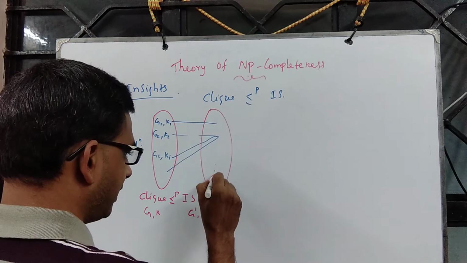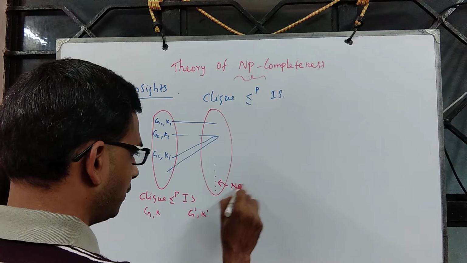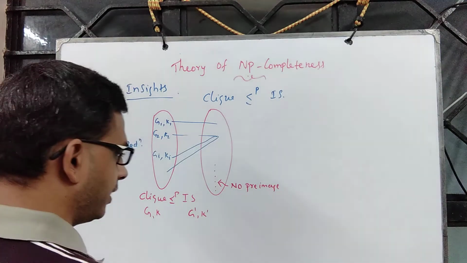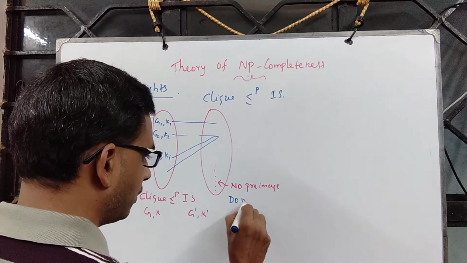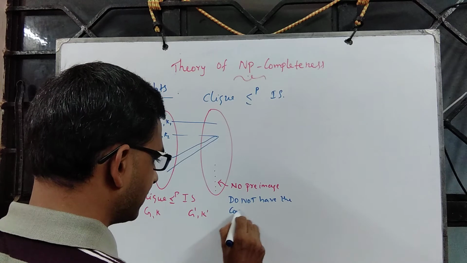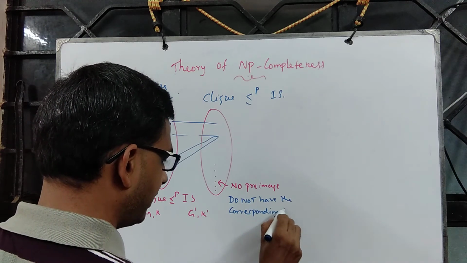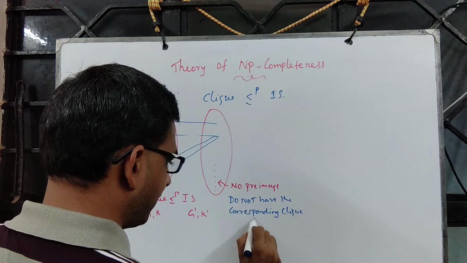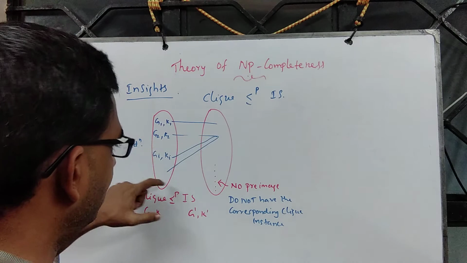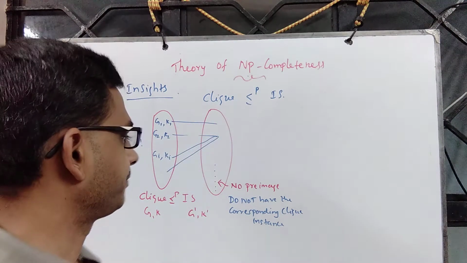And there are instances of independent set for which there is no pre-image, meaning they do not have the corresponding clique instance. But for each clique instance, there exists a corresponding instance of independent set.